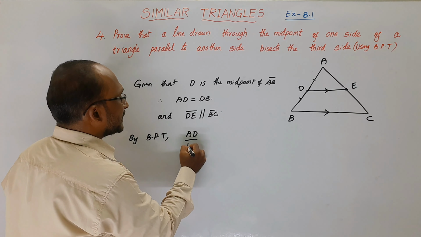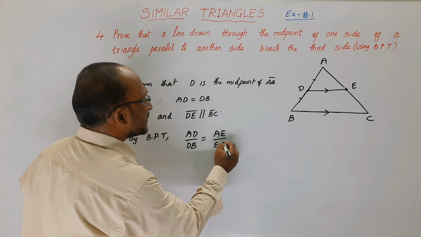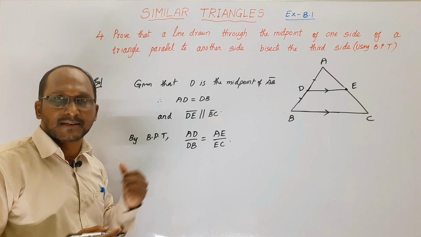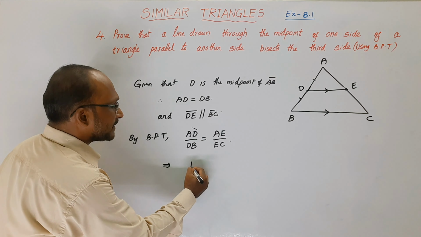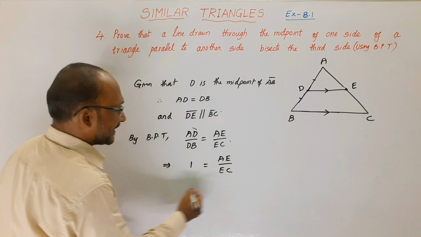AD by DB is equal to AE by EC. This is by the basic proportionality theorem. But already we have the condition that AD is equal to DB. It is a given condition. So as AD and DB are equal, this fraction is equal to 1, which is equal to AE by EC.